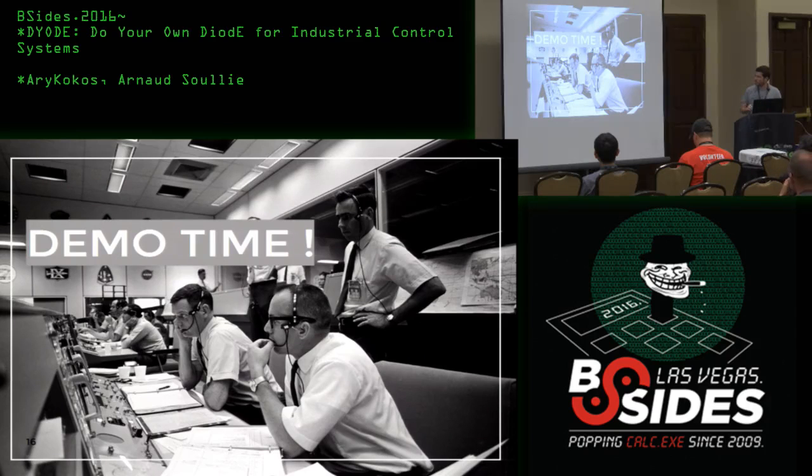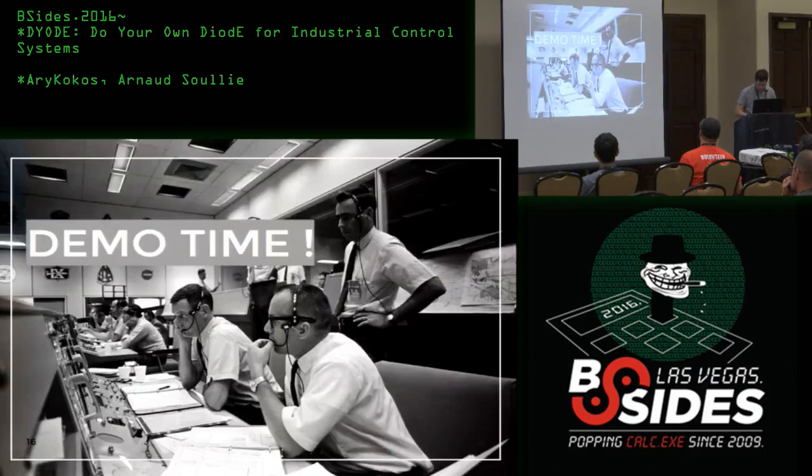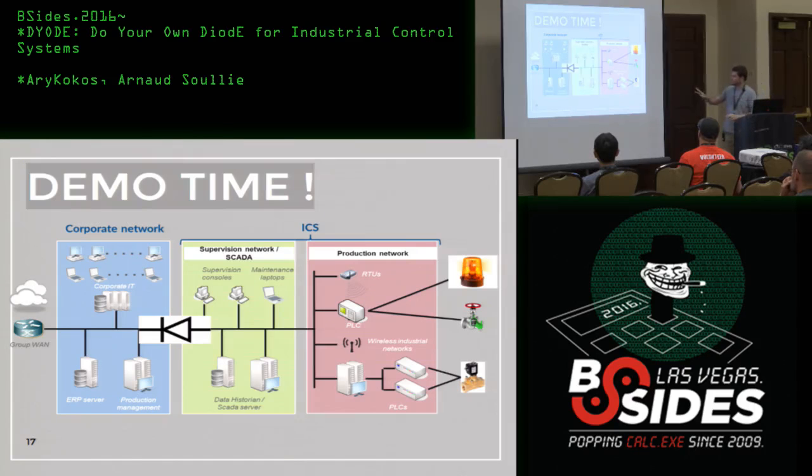Okay, so I'm not going to wait until the end of the talk to perform the demonstration. Of course, I have a video backup. I'm seriously hoping not to use it. Oh, wait, we got one more slide. So here, what is the setup? Just consider that this PC will emulate the ICS network, and a VM on my PC will emulate the corporate network.